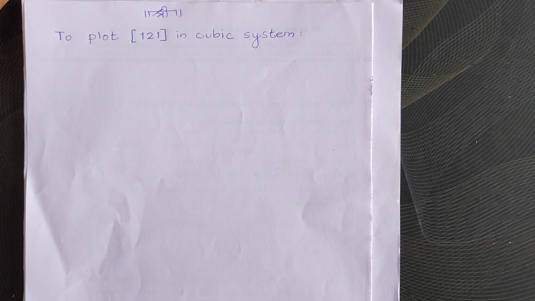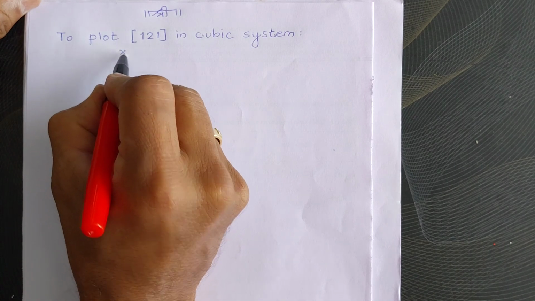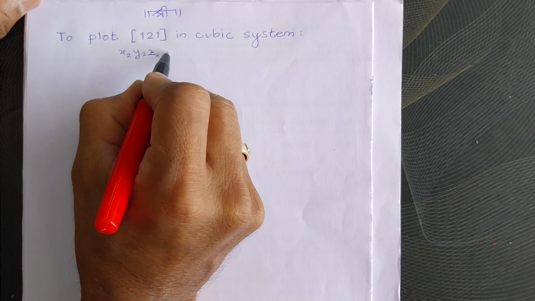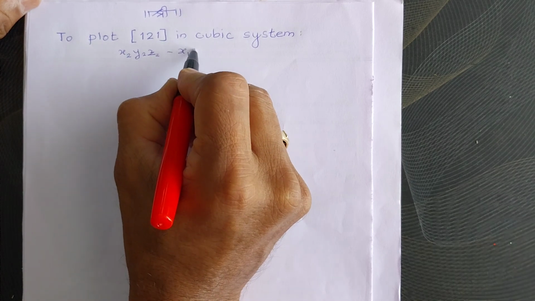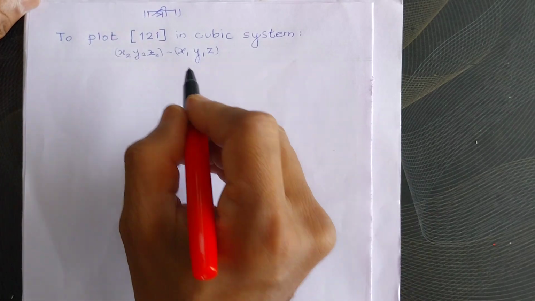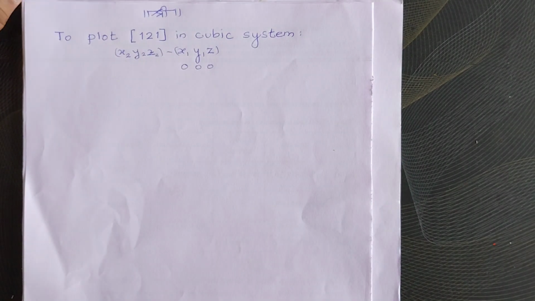Now, in a crystallographic study, the direction is generally given as the coordinates x2, y2, z2 minus x1, y1, z1 coordinates. In this case, we are going to choose x1, y1, z1 as 0, 0, 0, that is the origin.